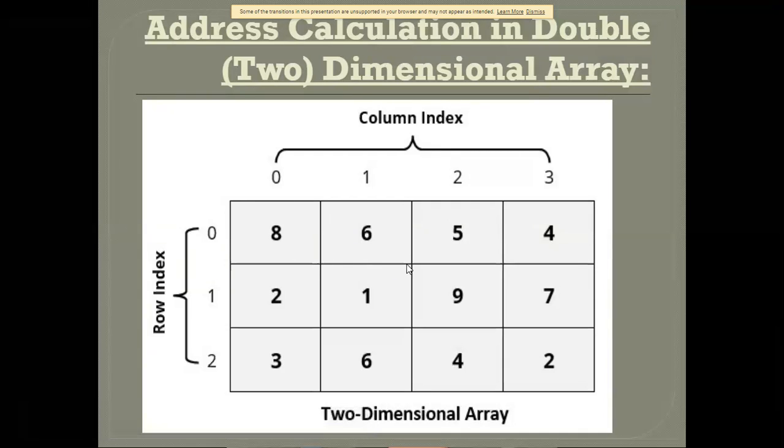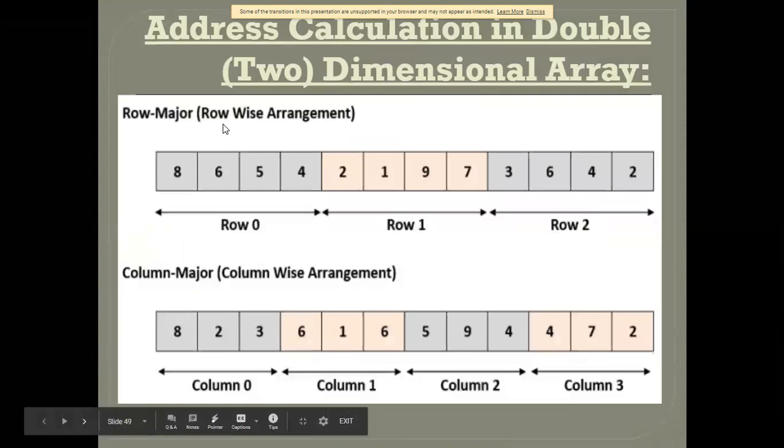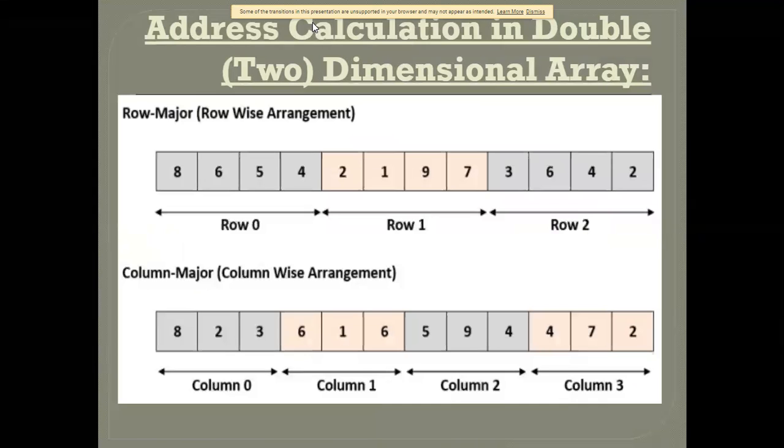So how the matrix will work, but actually it is stored in two major ways, column major and row major. Either continuous columns are stored, or continuous rows are stored. So in memory, there are two ways, row major and column major.